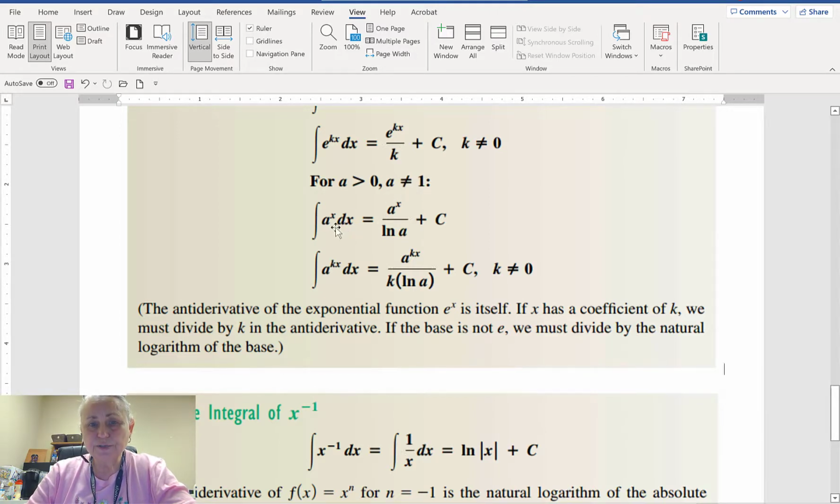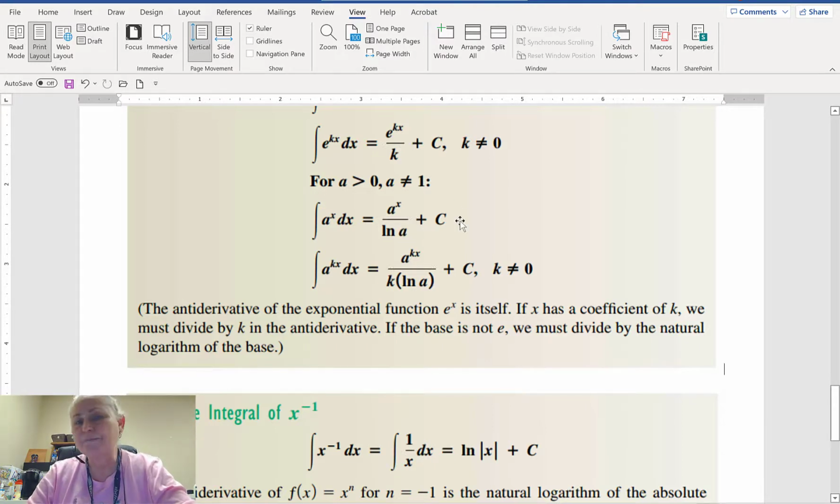The integral is a to the x divided by the natural log of a plus c. So for an exponential function where the base is positive and not 1, to get back to the original function, you have to do a to the x divided by the natural log of a and then add c.